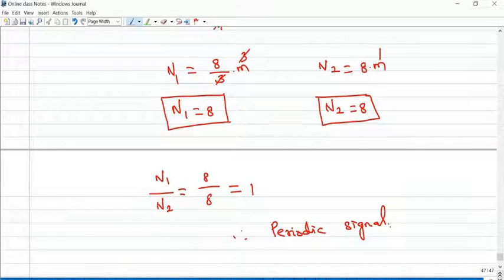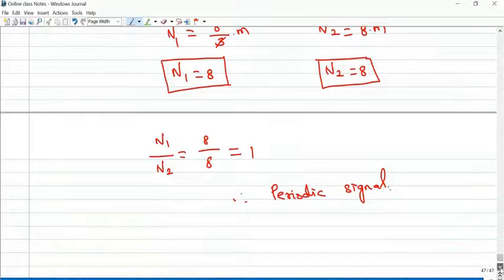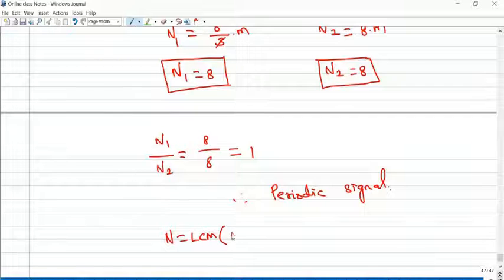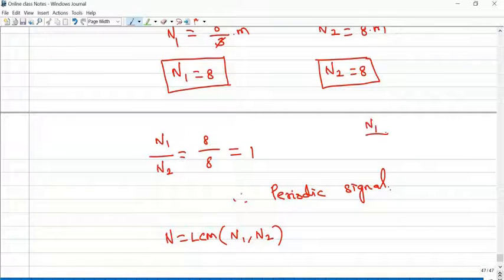So what is the fundamental time period of the signal? Capital N equal to LCM of n1 comma n2. Or you can just cross multiply n1 by n2, that is 1 by 1.